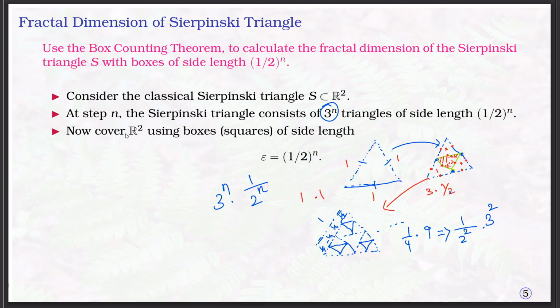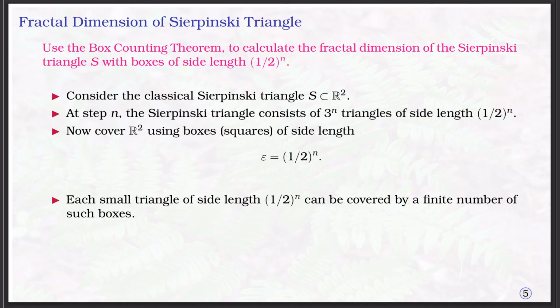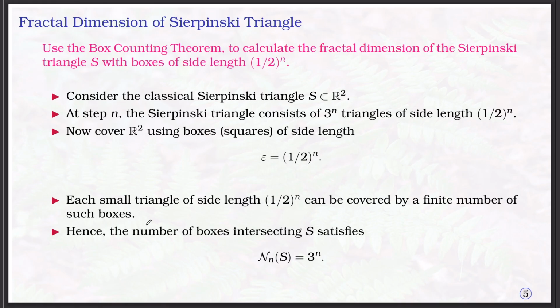Now, because this Sierpinski gasket is contained in R power 2, cover R power 2 by boxes of side length 1 by 2 power n. Then each small triangle of side length 1 by 2 power n can be covered by a finite number of such boxes.